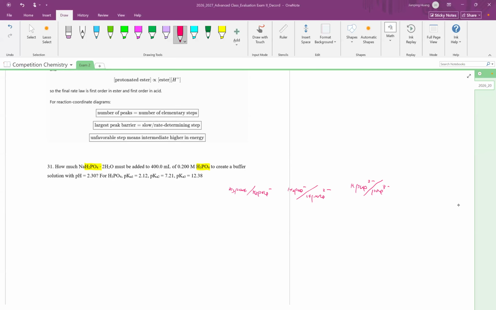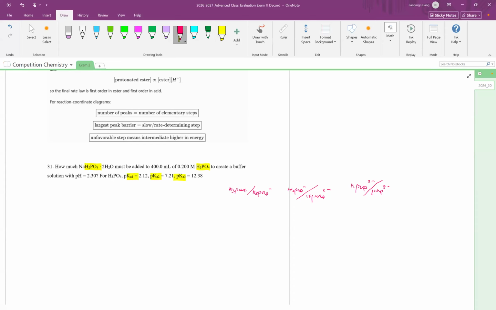It's very common in the lab, especially in the biology lab, the phosphate buffer system. Now, it gives us pKa1, pKa2, and pKa3.